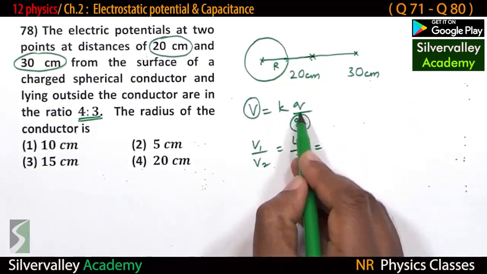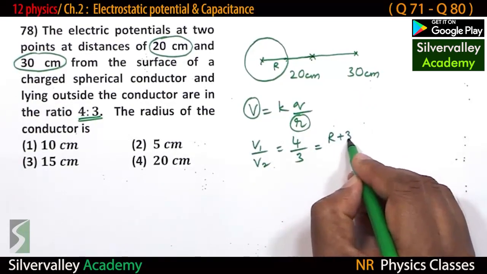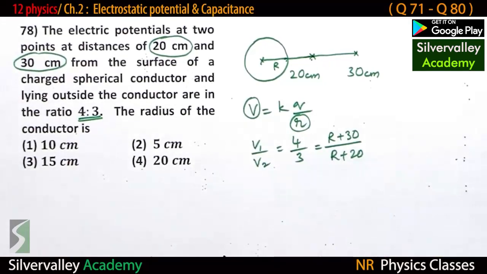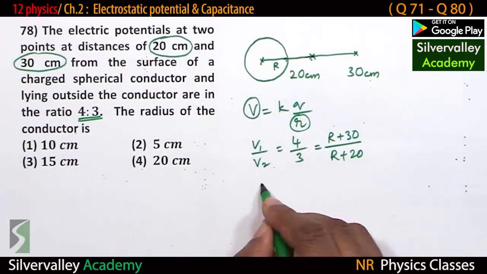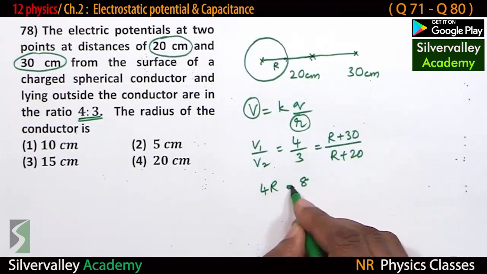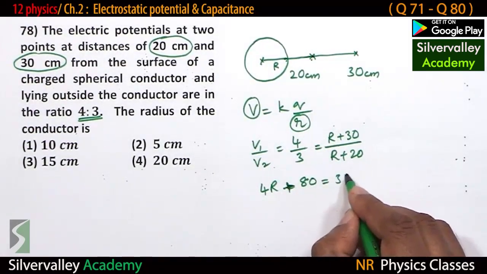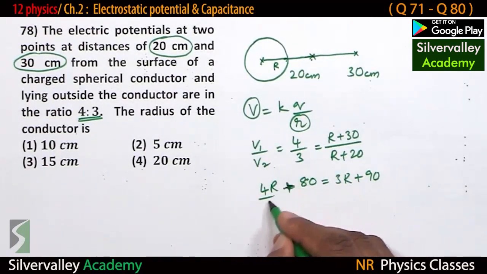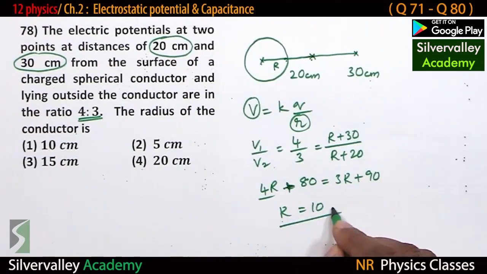Since these two are inversely proportional, consider the second one first. So it is R plus 30 over R plus 20. Now simplify this. 4R plus 80 equals 3R plus 90. 4R minus 3R is R, 90 minus 80 is 10.